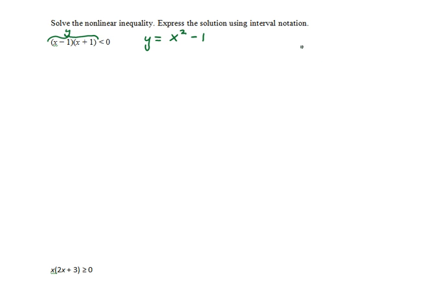And we know what that graph will look like. It will be a parabola, the same as y equals x squared, moved down 1 vertically. And we'll have x-intercepts plus and minus 1, looking at those original factors.